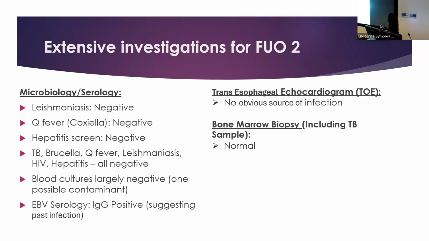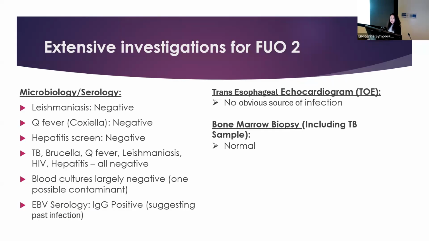We also did extensive microbiology investigations. Most were negative, with only EBV serology IgG positive, suggesting past infection of EBV. A bone marrow biopsy was also done, which was normal, and TB and other infections were all negative.